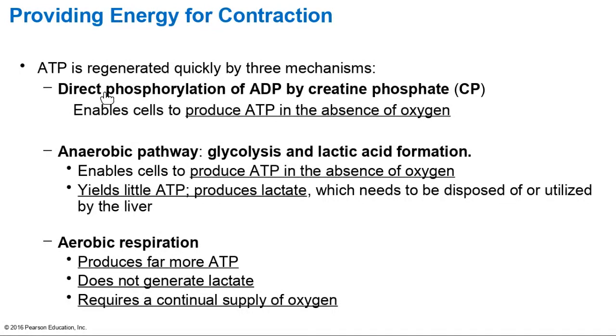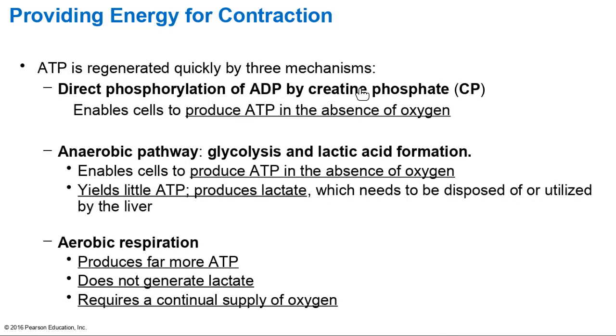Okay, so we're going to go through each process. The first one is just called direct phosphorylation of ADP. Remember, what does phosphorylation mean? It means to add a phosphate. So whatever ADP you have there, we can regenerate that back into ATP by adding a phosphate to it.